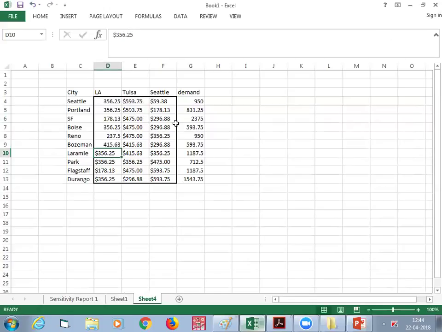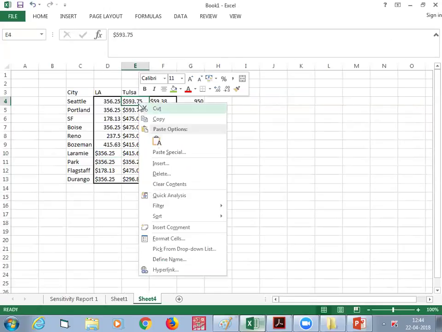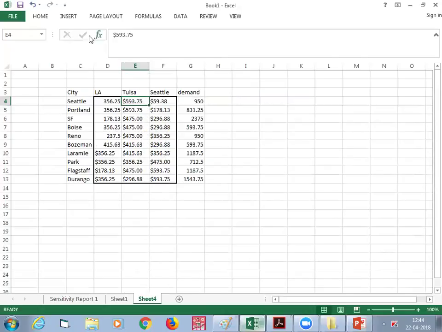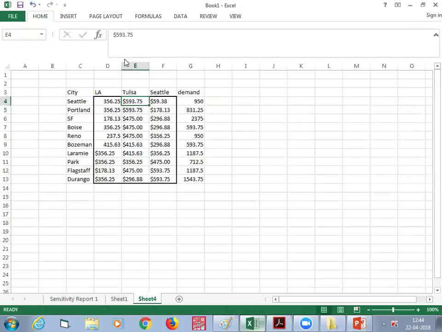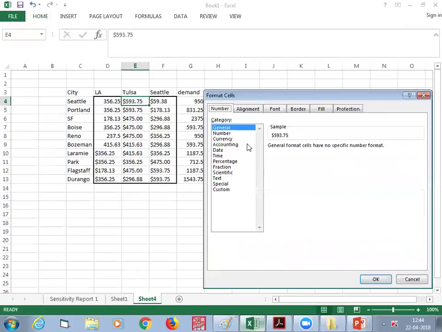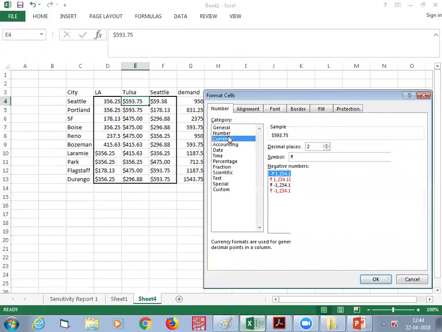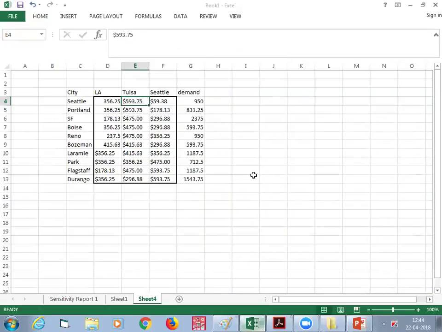Convert format, will that work? I doubt. Okay, let's try. It will be a string format. That's the problem. Yeah. If you try to convert to number, let's see what happens. It's not taking, see. The problem is it's not thinking of it as a number. It thinks that it's some character-type thing.